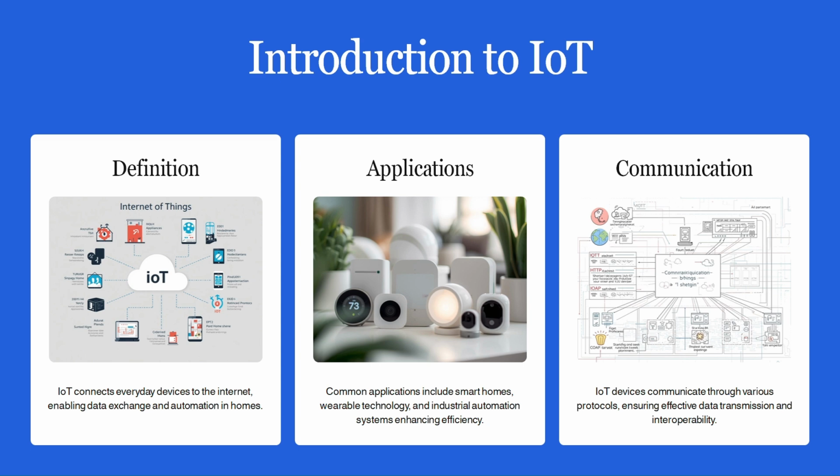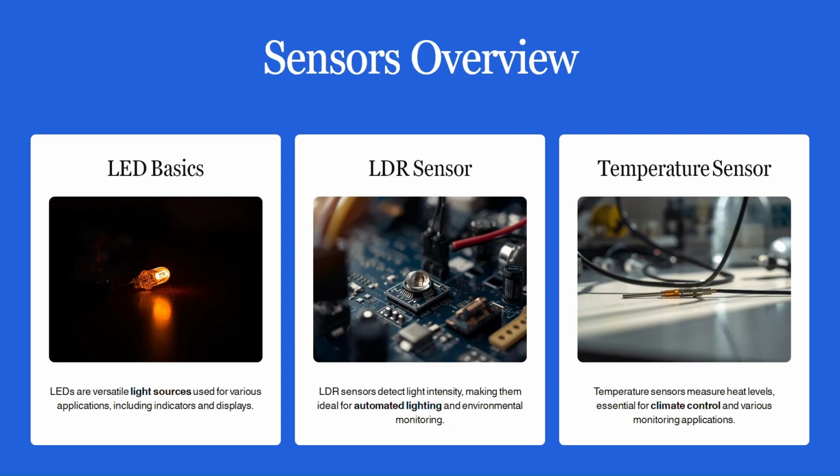Common applications include smart homes, wearable technologies, and industrial automation systems. We use IoT in healthcare systems, agriculture, and home automation systems. In communication, IoT devices communicate through various protocols, ensuring effective data transmission and interoperability.